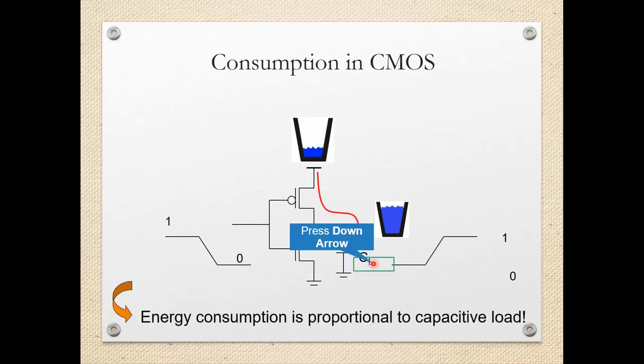Energy consumption is proportional to the capacitive load. So by changing the value of this capacitive load, we can change the power which is consumed, or how fast or how slow the capacitor will charge.